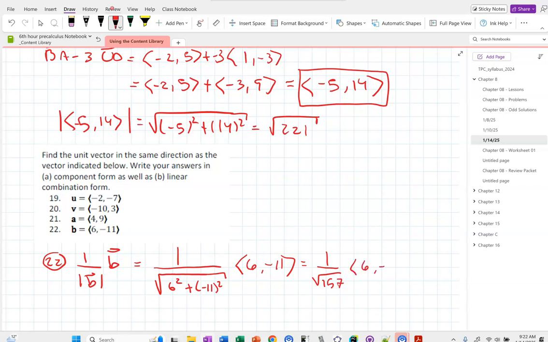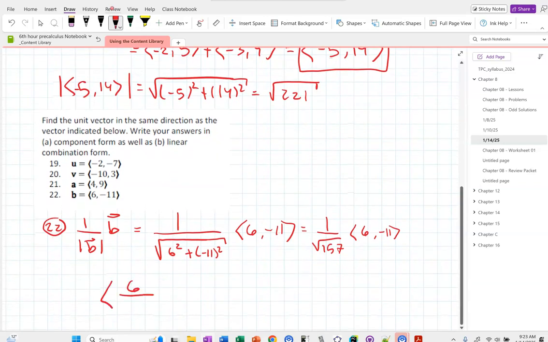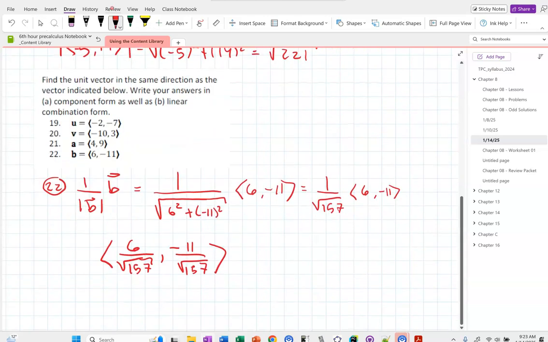I don't know that that radical is going to reduce at all. So I'll do the scalar multiplication through. So far, so good, Tia. And then probably we rationalize those denominators. I'm not positive if 157 simplifies at all, but it's not divisible by anything nice, right?